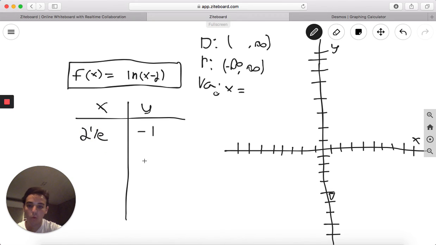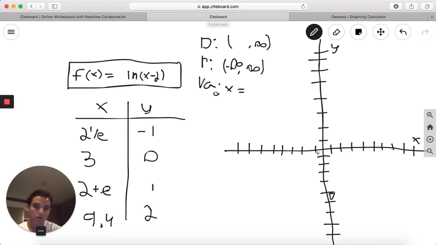Then y equals 0, which x would usually be 1, but in this case it'll be 3. Then y equals 1: this would usually be e, but now it's 2 plus e. And 7.4 plus 2 would be 9.4. Perfect. Okay, we got this.